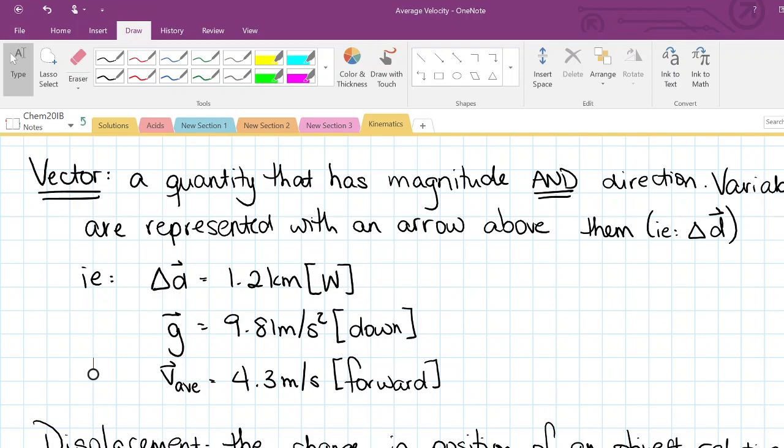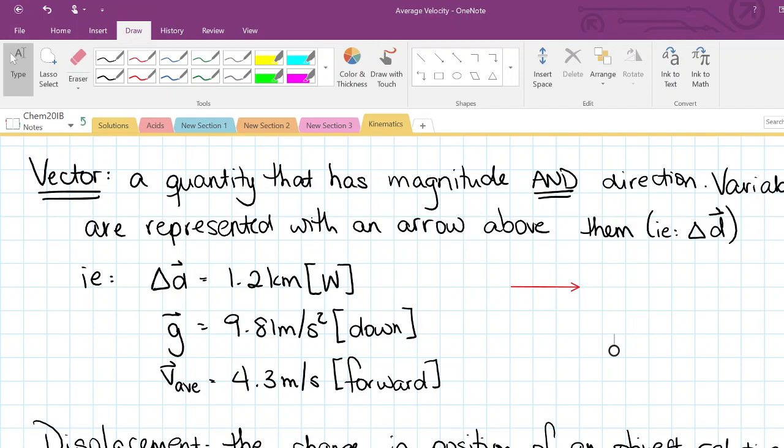So if I had one length that was 1.2 kilometers versus another length that was, let's say, double that, if I was going to draw that out for you guys, maybe for this particular magnitude and direction, somebody is moving, let's say 3 squares.